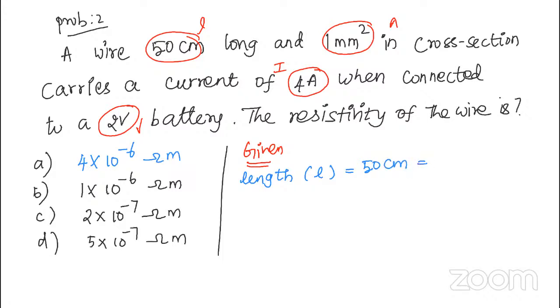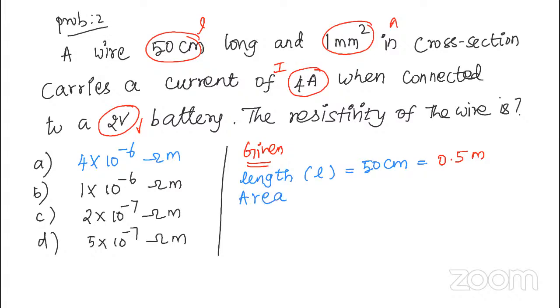Okay. So 10 power minus 2 ku centimeter to meter convert panrathuku it is 10 power minus 2. But 10 power minus 2 na 2 digit munnadi varanum. So ippa 2 digit munnadi varuthu appadingumpothu we are writing 0.5 meter. Okay. So direct ezhuthurom. Next area.